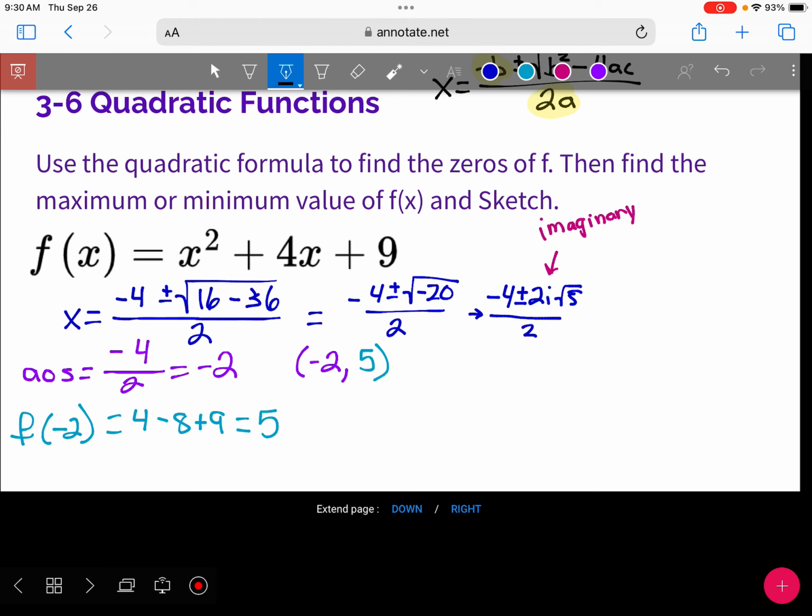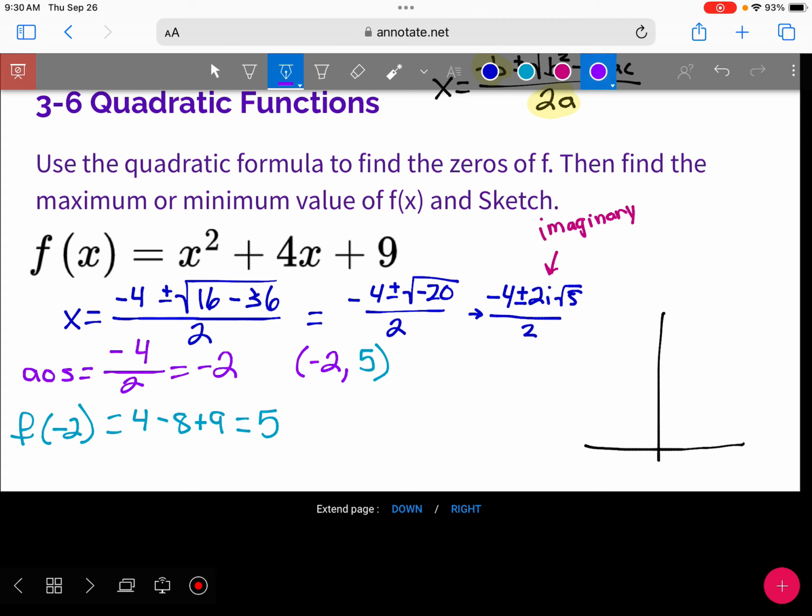What is the x value of a y-intercept? 0. So if x is 0, what's y? If x is 0, what's y? F of 0. 9. 0 squared plus 4 times 0 plus 9. So our y-intercept is whatever our c value is.